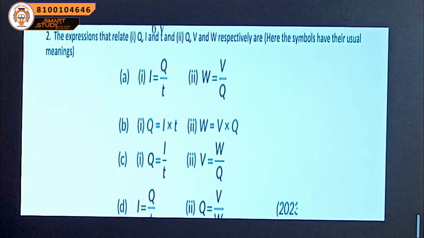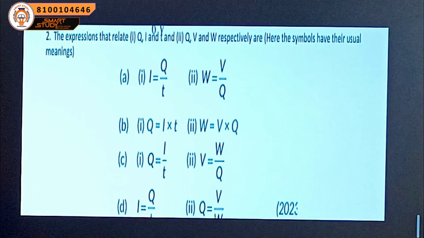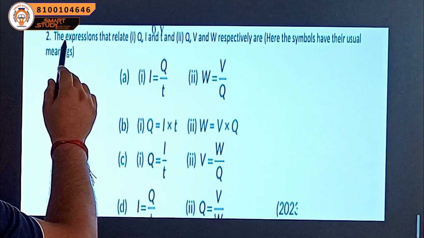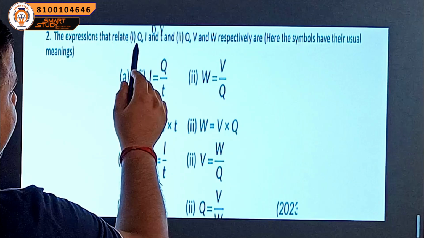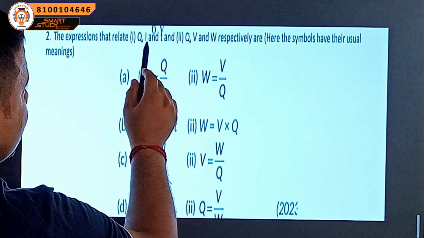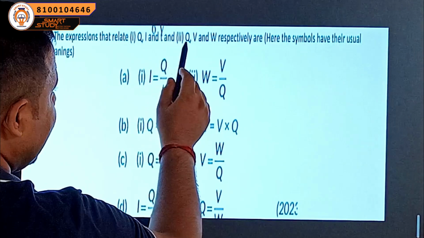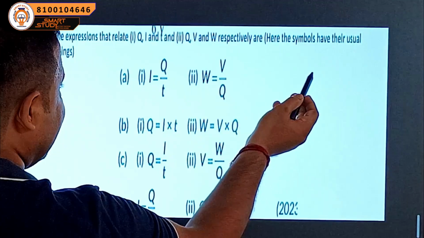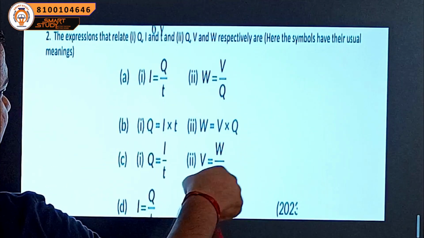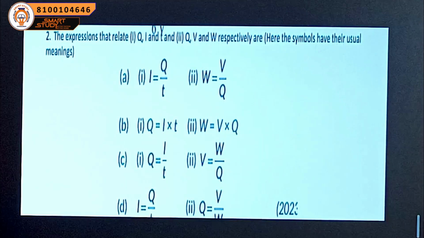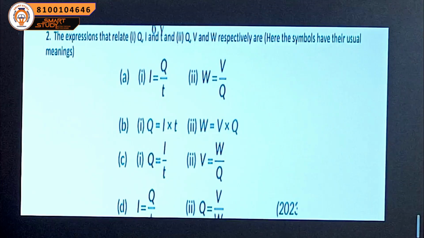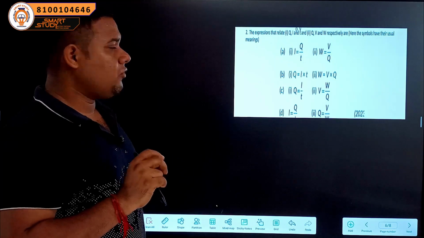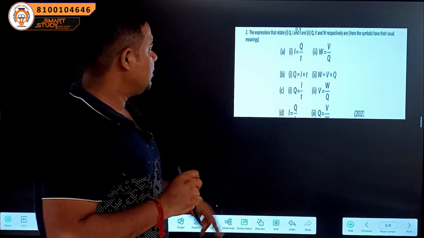Okay, let's come to our next question. In this question they are asking for the expression related to Q, I, T and Q, V, W, and among these 4 options, what is the accurate relation between them? For that we should know what Q is and what I is.